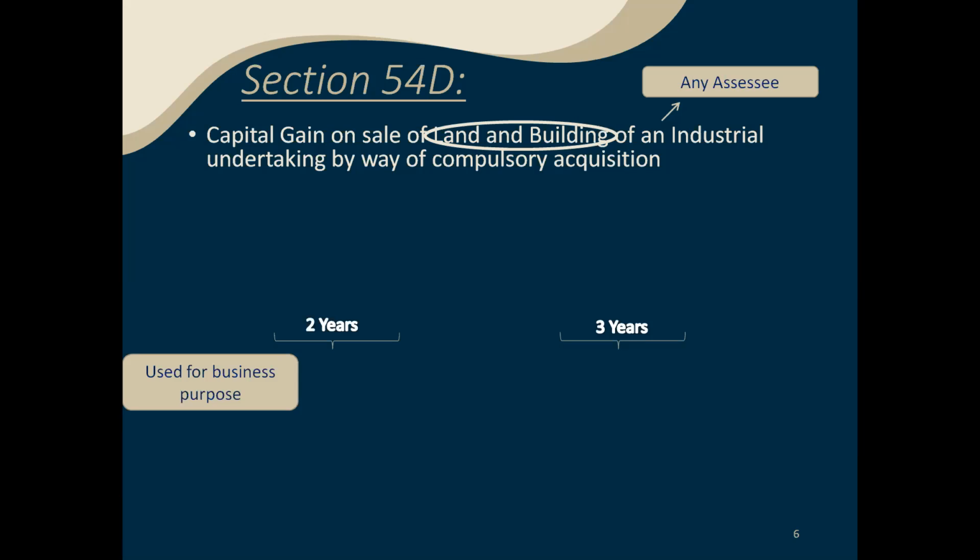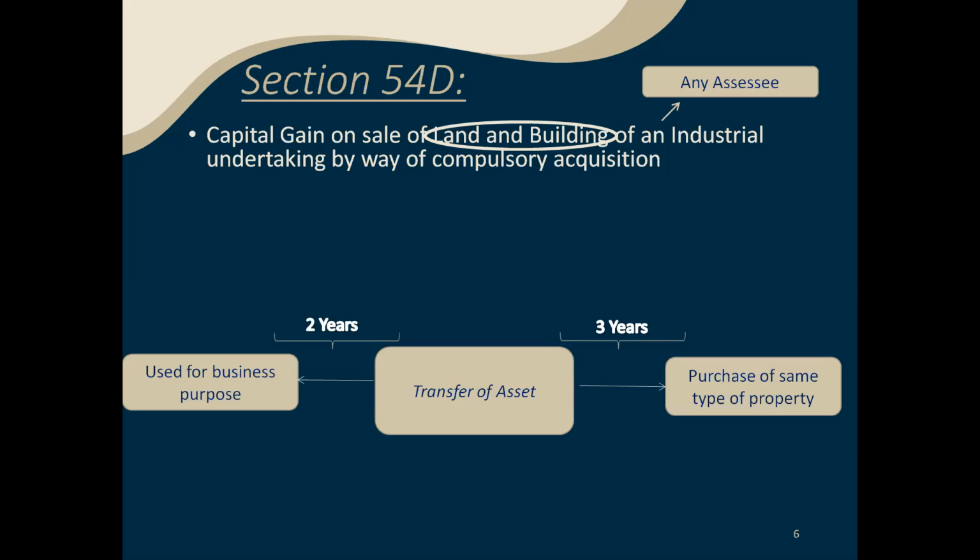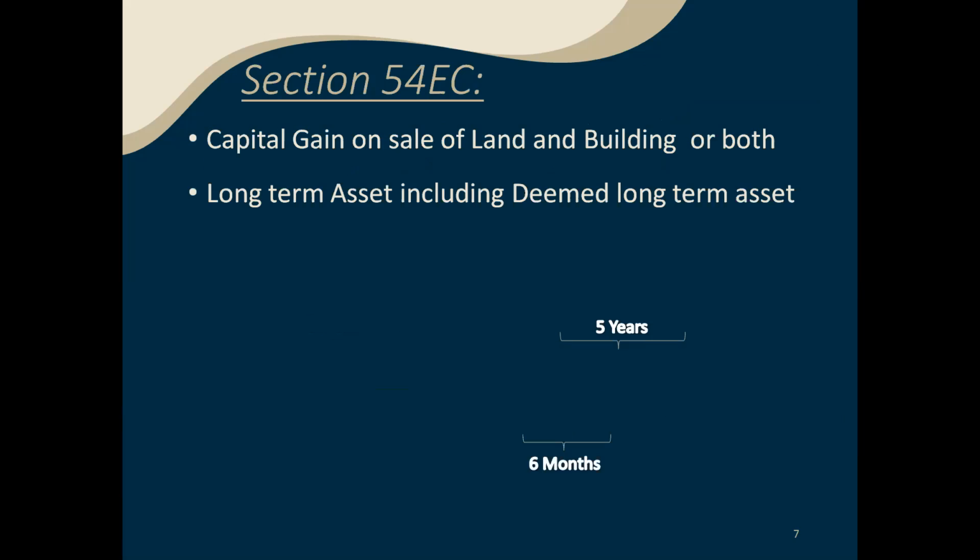In case of 54D, it should have been used for business purpose of an industrial undertaking. Then, 3 years, so this is a different threshold from 54B. From the transfer of property, within 3 years you have to purchase the same kind of property, that is land or building of an industrial undertaking used for business purpose.